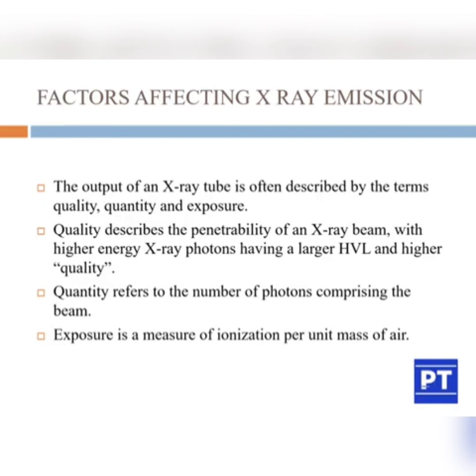Quantity refers to the number of photons comprising the beam. So quantity means number of photons. Quality means the penetrating power of the X-ray beam. And the exposure. Exposure is a unit of radiation. It is a measure of ionization per unit mass of air.